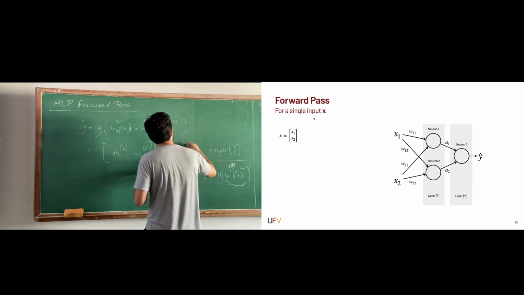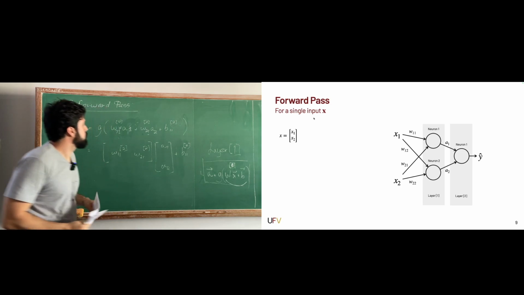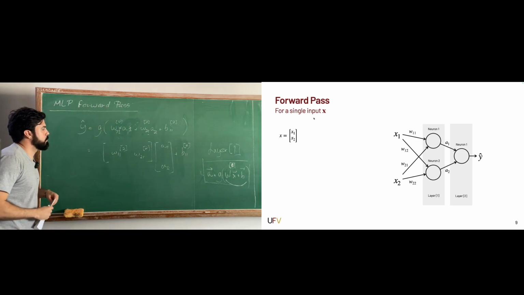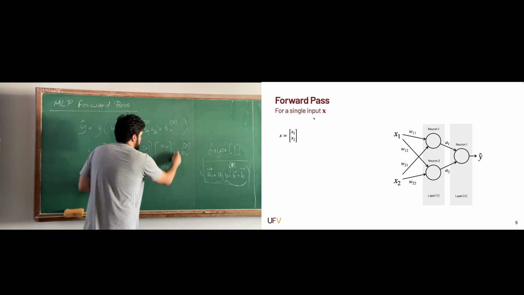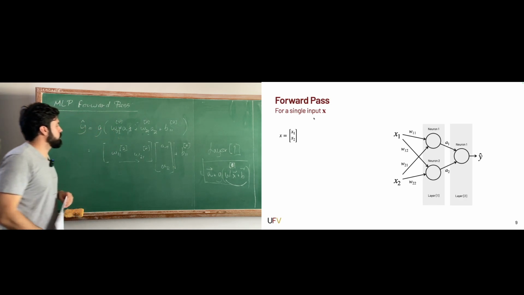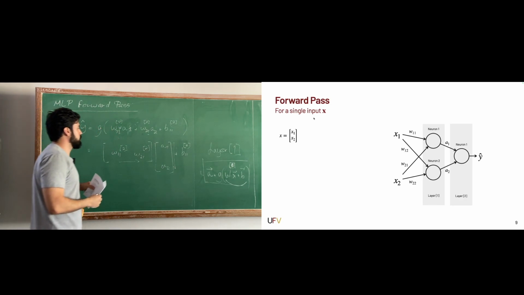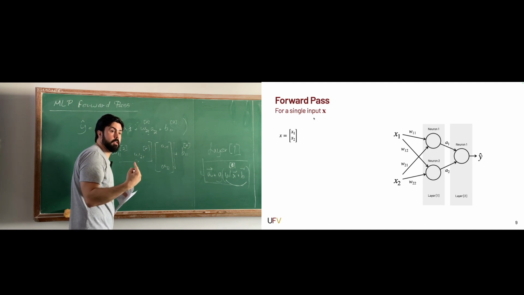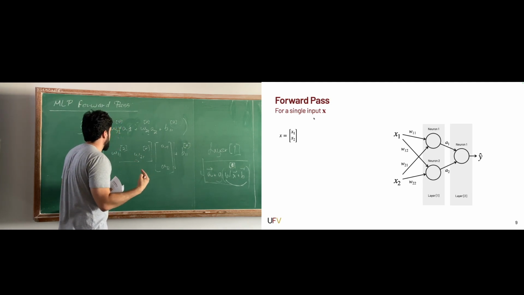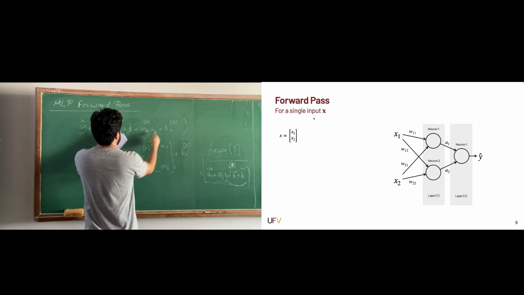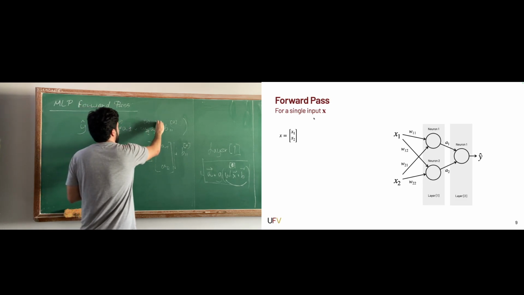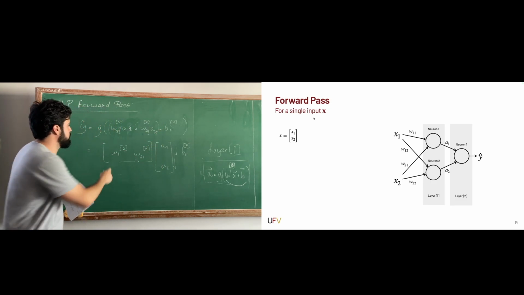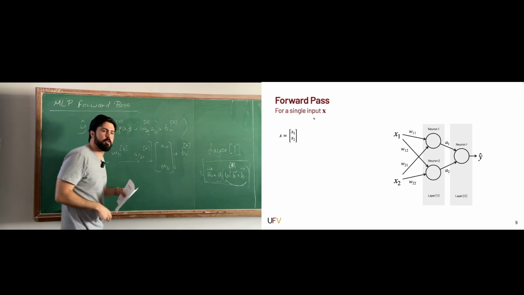Because this multiplication here is going to give us one single number, a scalar, by the definition of dot product. This is a simple dot product written as matrix multiplication.